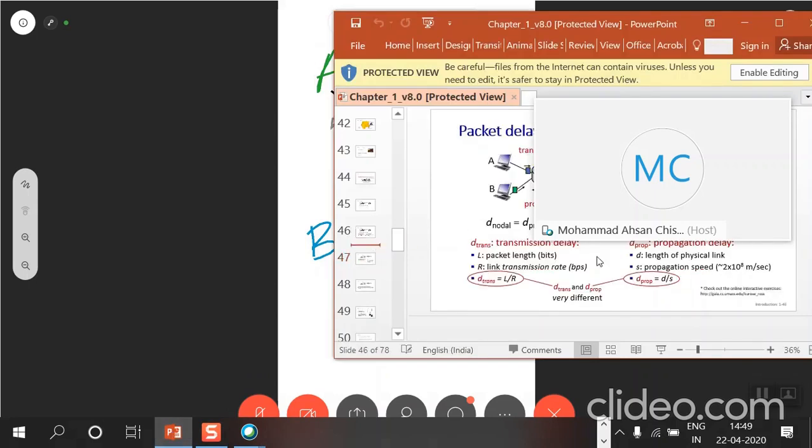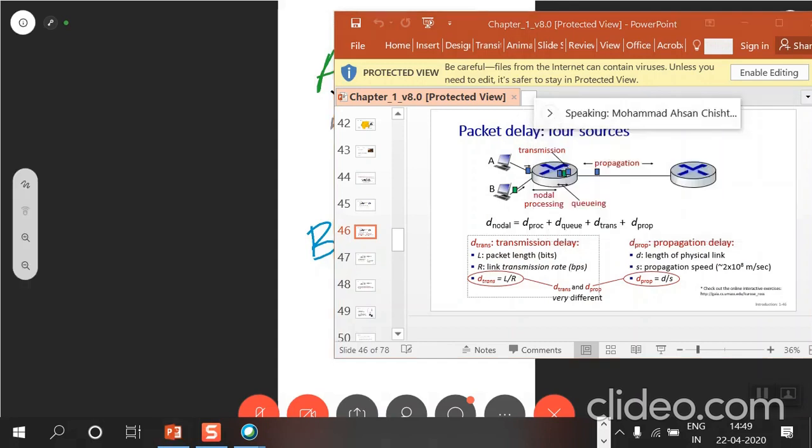Yeah. If you see there, it mentions how much would be the total delay that a packet has suffered.